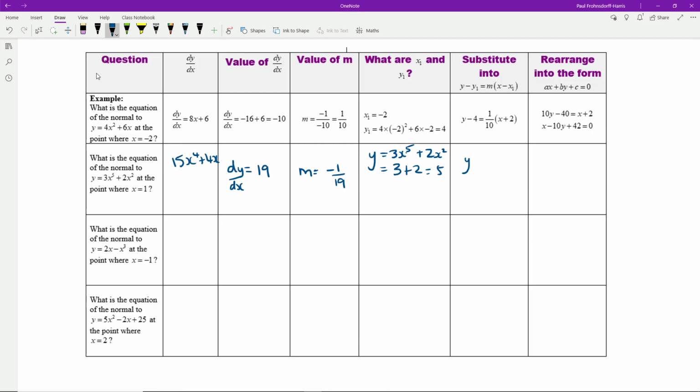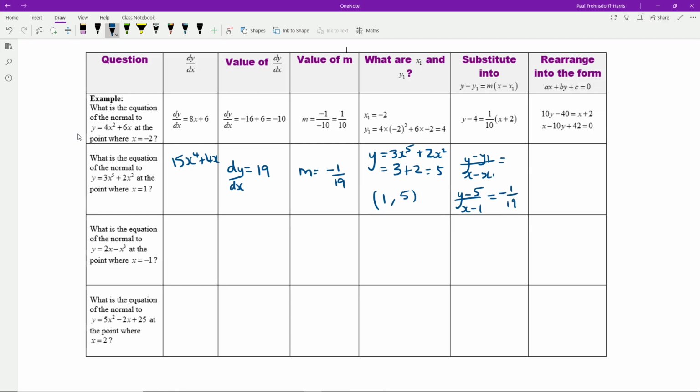We have y minus y1 over x minus x1 is y minus 5 over x minus 1 equals minus 1 over 19.